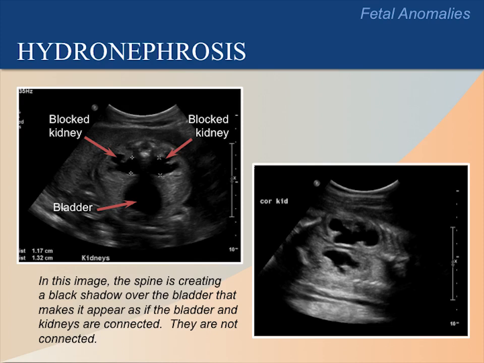Notice the pyramids or ridges indicating the kidney and the smooth contour of the bladder. This image also shows how the spine can create a dark shadow that makes it appear as if the kidneys and bladder are connected. They are not connected.